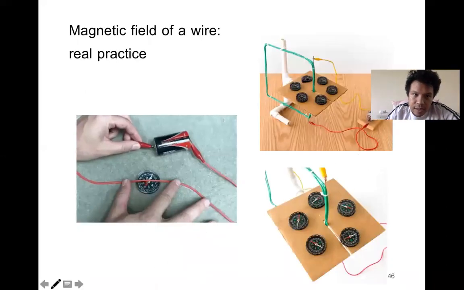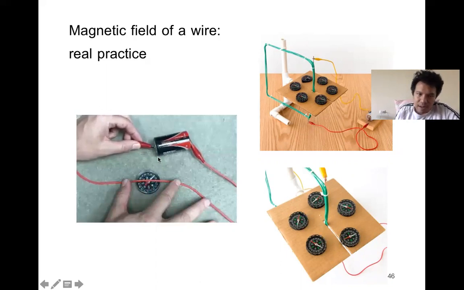And this is the magnetic field in a wire that we calculate, and it will generate the magnetic field around it. This is what we see when we look at the compass: the direction of the compass has changed from the north.